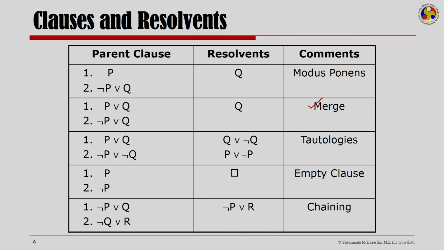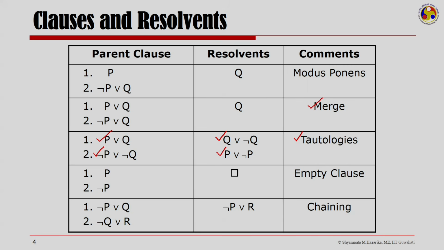Arriving at tautologies can also be looked as resolution of two clauses. If I have two clauses P or Q and not P or not Q as my parent clauses, I could arrive at Q or not Q, or I could arrive at P or not P, which are tautologies.